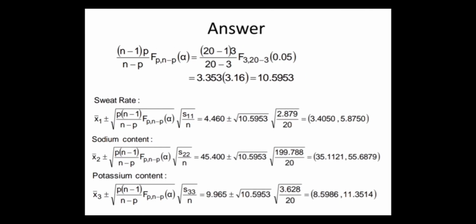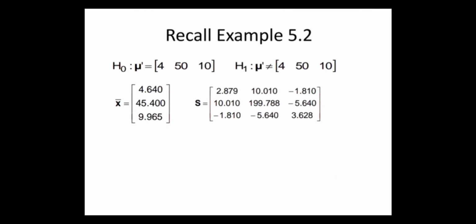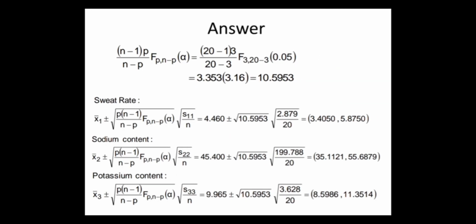Another conclusion that you can make is about the plausible value of the mean tadi. So from here you can see that the confidence interval for mu1 is 3.4 and 5.87. What we wanted to test tadi, H naught, has a value for mu1 of 4. So we can see here 4 lies between the interval of mu1.